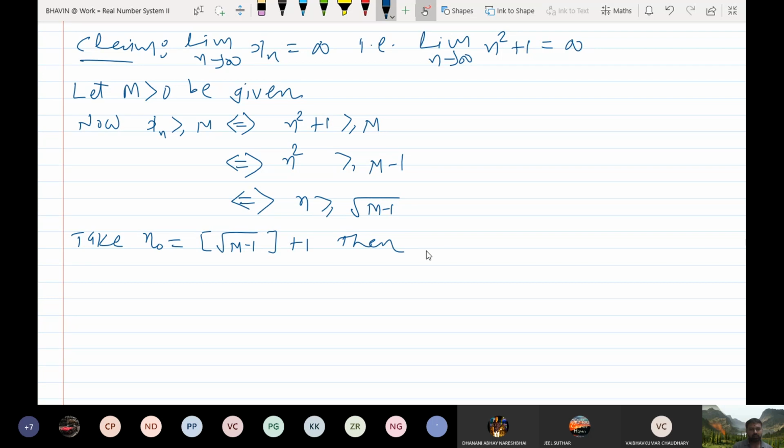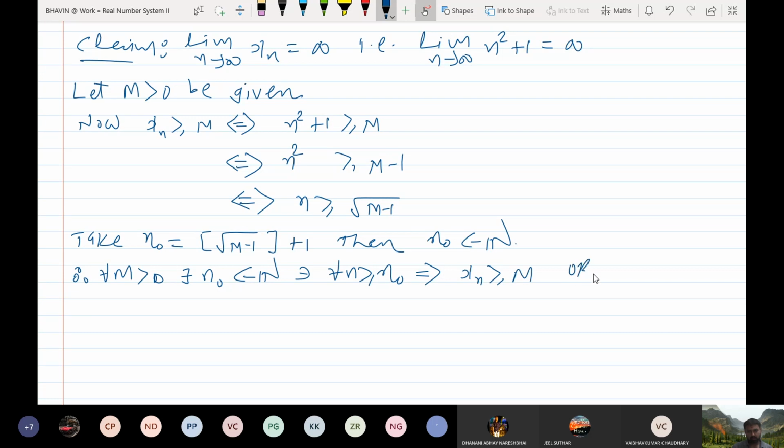Then definitely this n naught would be in n. Therefore, for every m greater than 0, there exists n naught belongs to n, so that whenever n is greater than or equal to n naught, this implies that limit n tends to infinity xn is infinity. Clear?